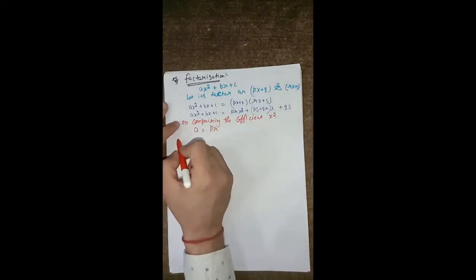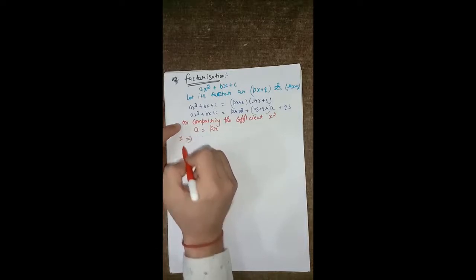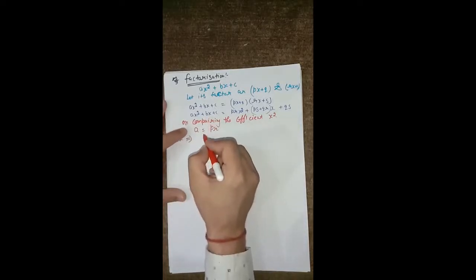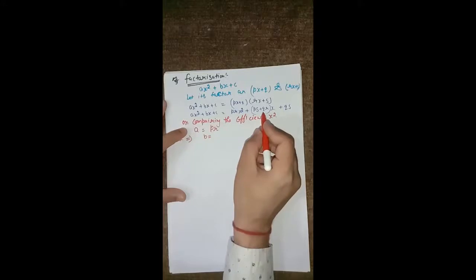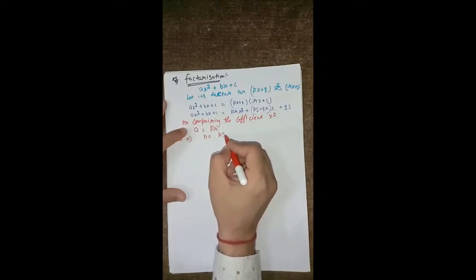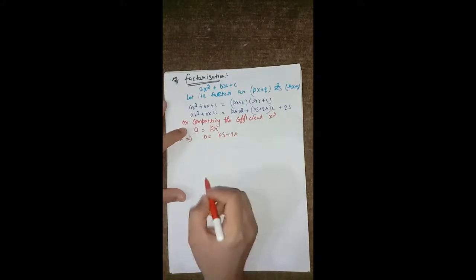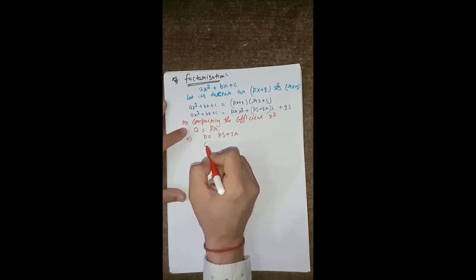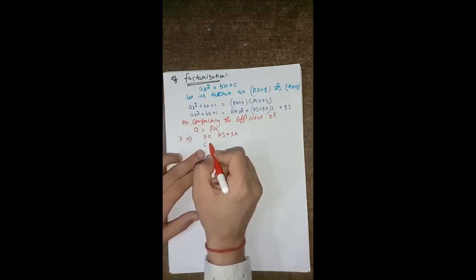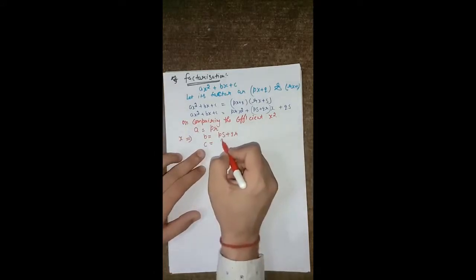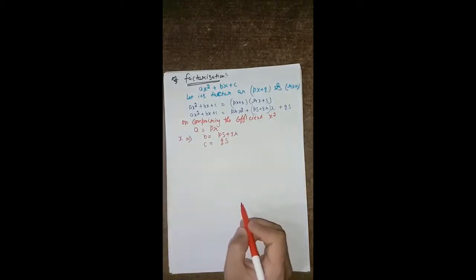Now comparing the coefficient of x, we get b on the left hand side, and on the right hand side we get ps plus qr. The constant term on the left hand side is c, and on the right hand side it is qs.